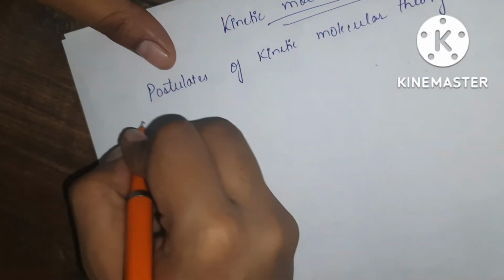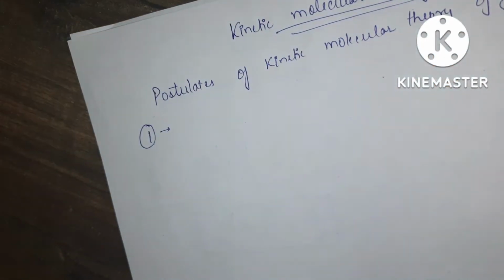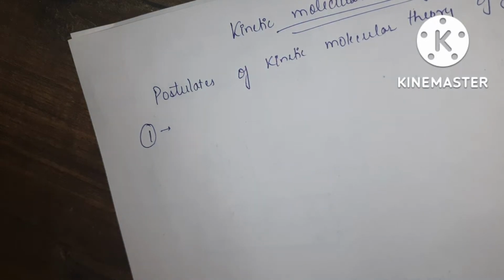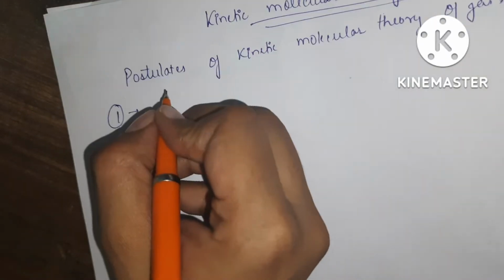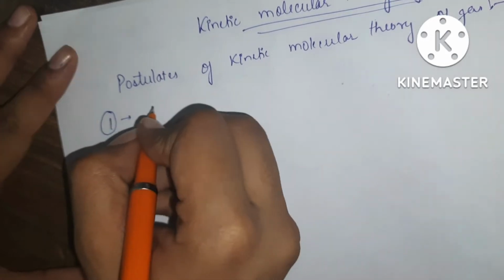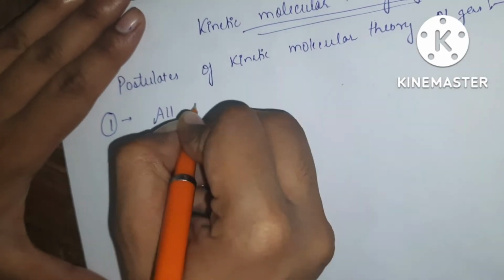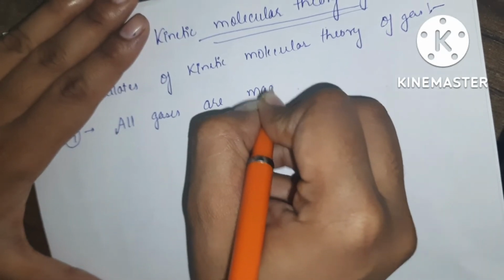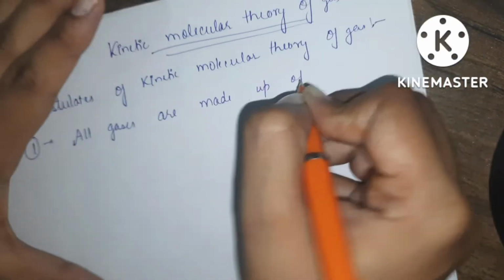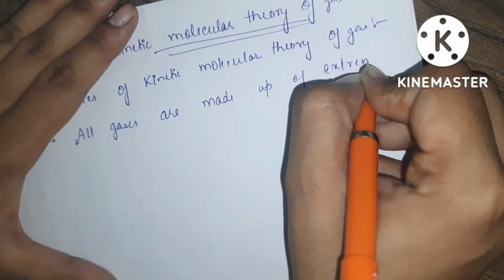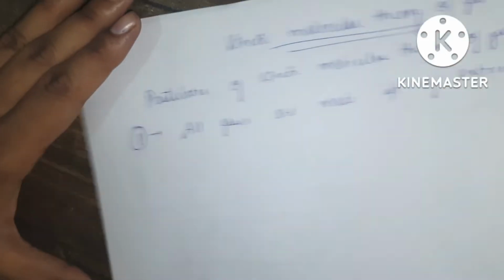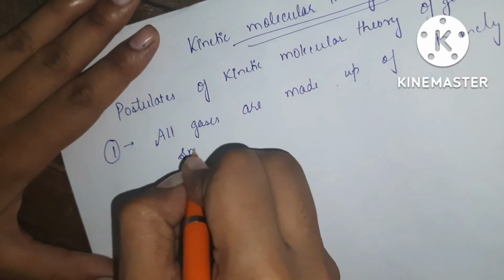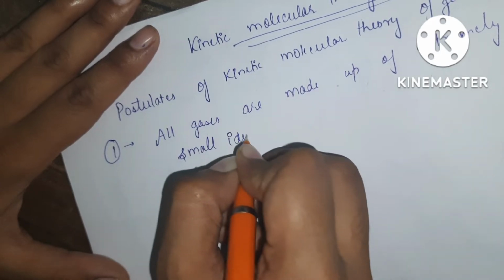The first postulate of the kinetic molecular theory of gases is all gases are made up of extremely small identical particles.